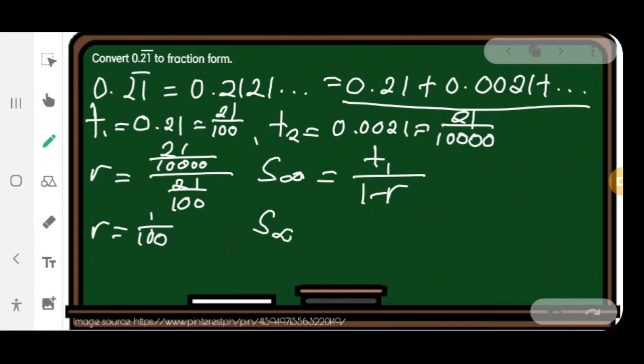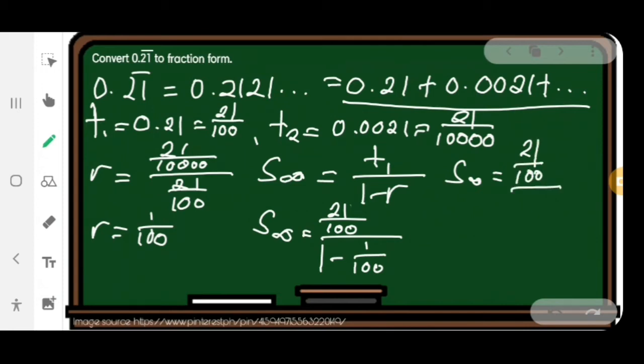So S sub infinity is equal to 21 over 100 divided by 1 minus 1 over 100, which is 21 over 100 divided by 99 over 100.